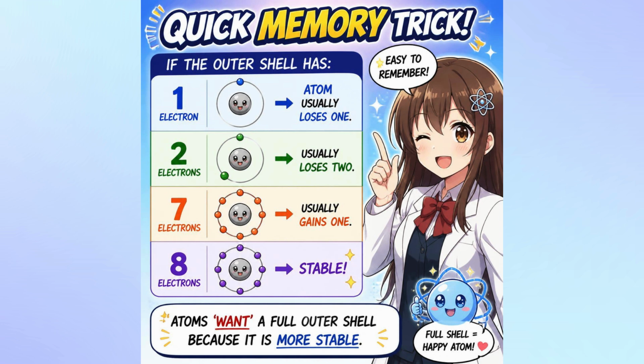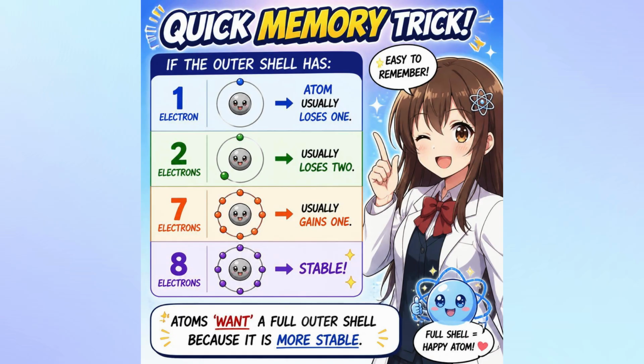Quick memory trick. If the outer shell has just 1 electron, the atom usually loses 1. 2 electrons, usually loses 2. 7 electrons, usually gains 1. 8 electrons, the atom will be stable.